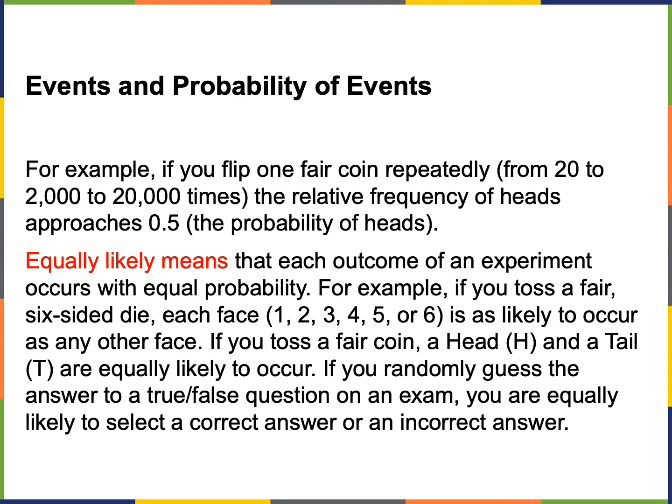So the probability of getting a 1 is 1 out of 6, because there are 6 total outcomes. If you toss a fair coin, a head or a tail are equally likely to occur. If you randomly guess the answer to a true-false question, you are equally likely to get a correct or incorrect answer.